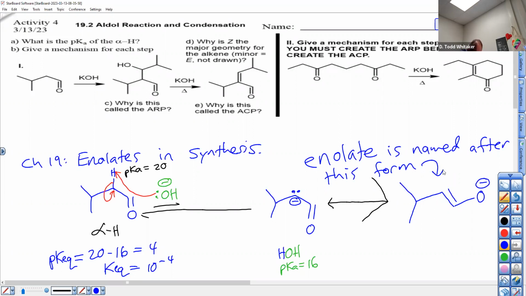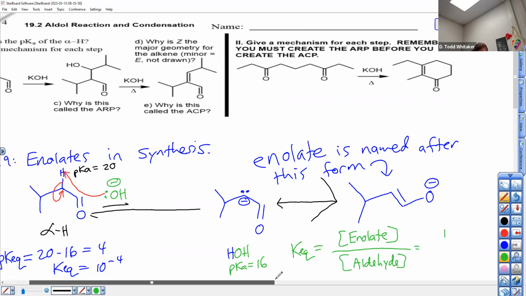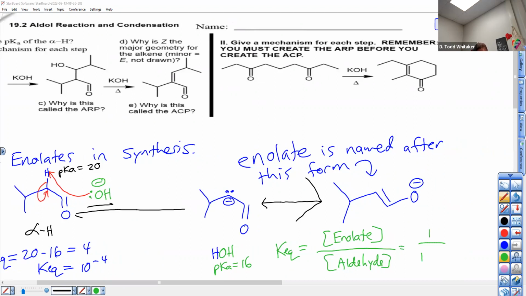Unfavorable equilibrium. There's a ratio of Keq equals enolate over aldehyde, right? Equals 1 over 1, 2, 3, 4.